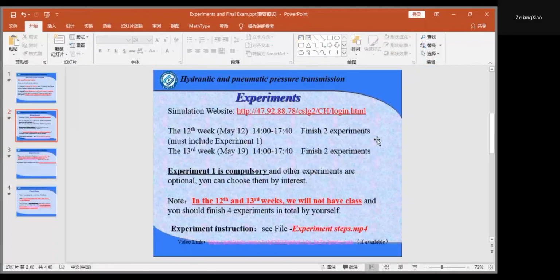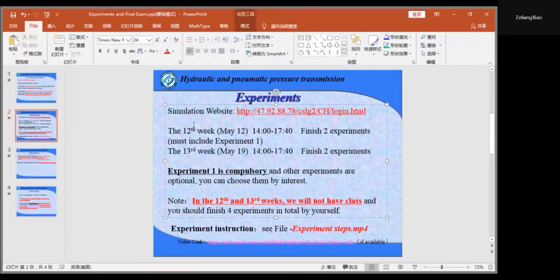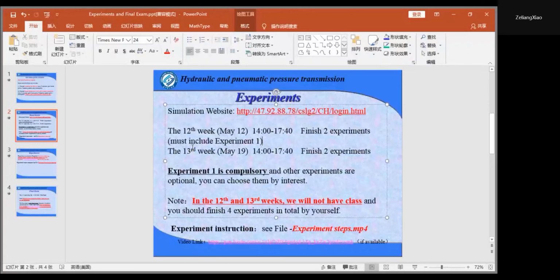Okay, we go to the slide. In the 12th week, you should finish 2 experiments, and the 2 experiments must include experiment 1, the performances of the hydraulic pumps. And then in the 13th week, you should also finish 2 experiments.